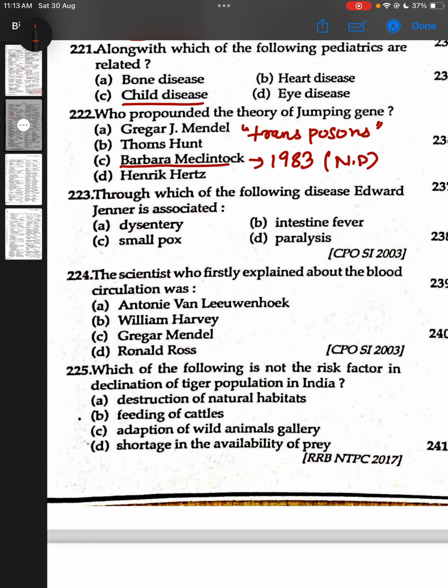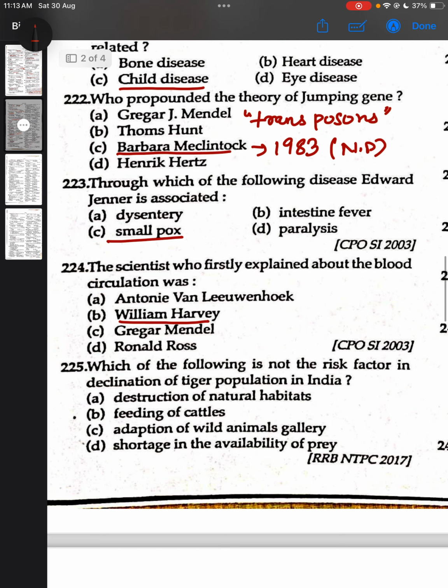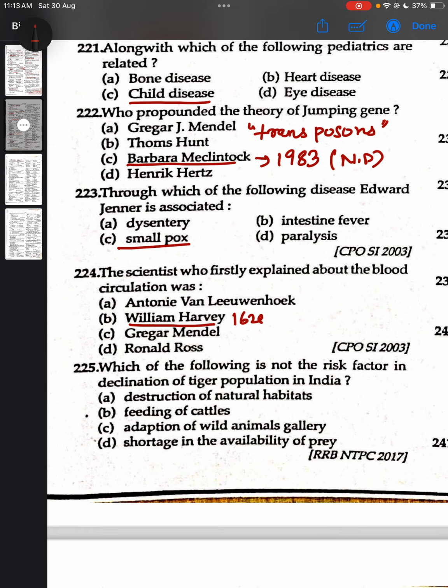Through which of the following diseases is Edward Jenner associated? With smallpox. And Edward Jenner is also known as the father of immunology, and he also developed the first vaccine for smallpox. The scientist who first explained the blood circulation is William Harvey in 1628.